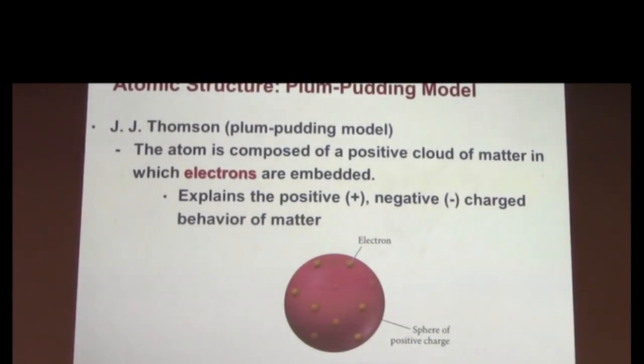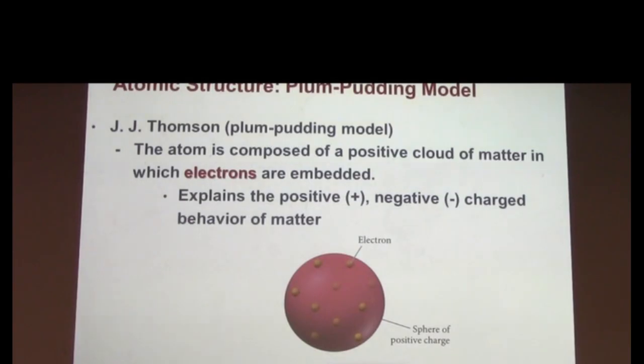The cake is the positive charge. He thought the positive charge is smeared all over the place. That was the first atomic structure. But this didn't survive more than a couple of months, because we hardly even talk about it.